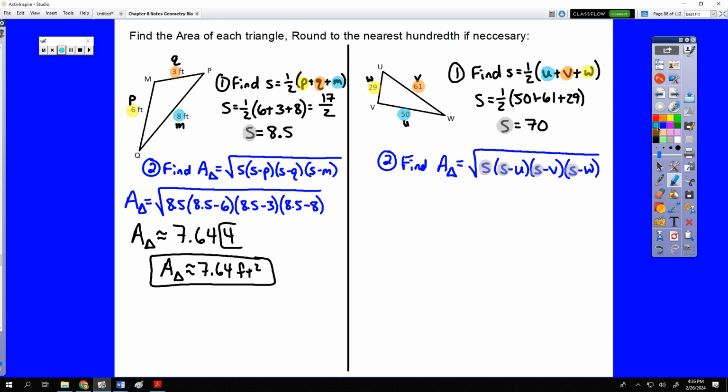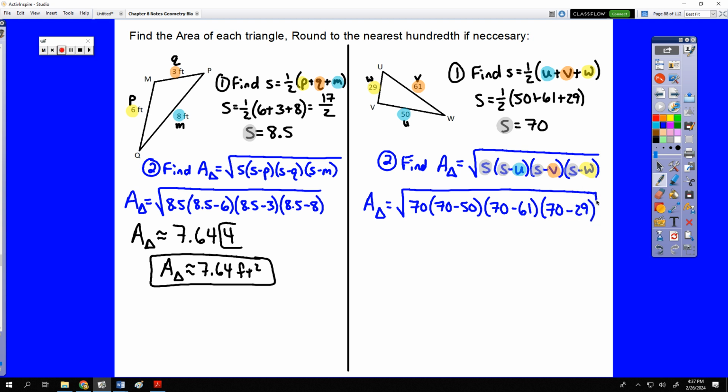U is 50, v is 61, and w is 29. So we're looking at the area of the triangle is the square root of 70 times 70 minus 50 times 70 minus 61 times 70 minus 29.